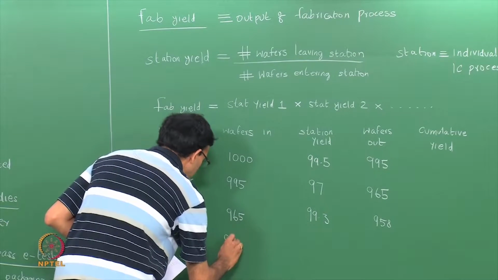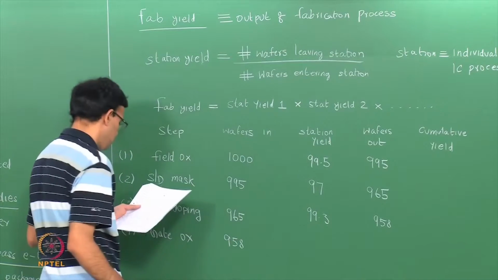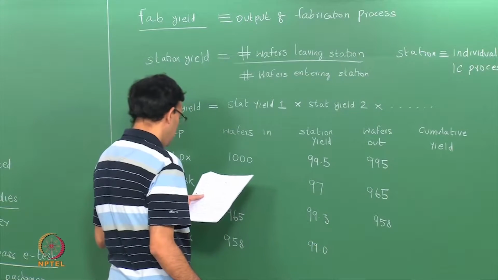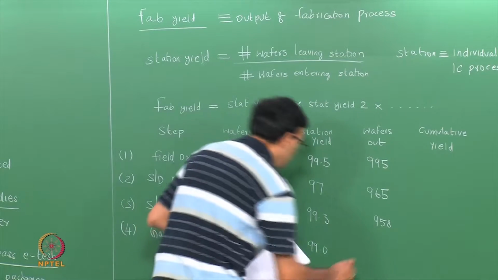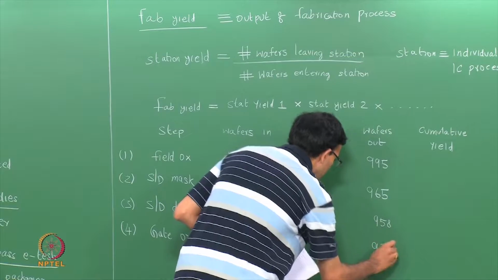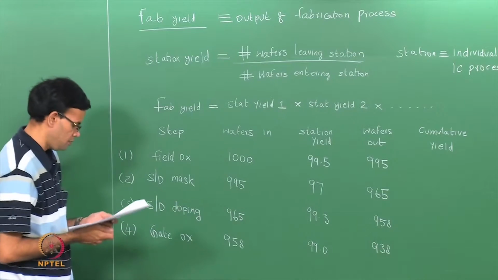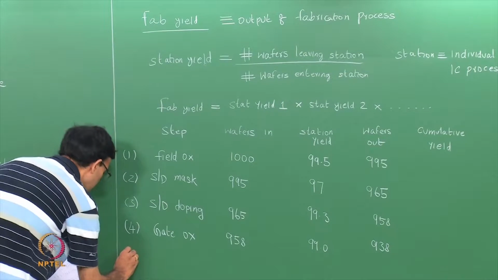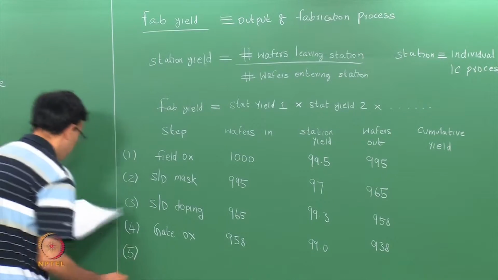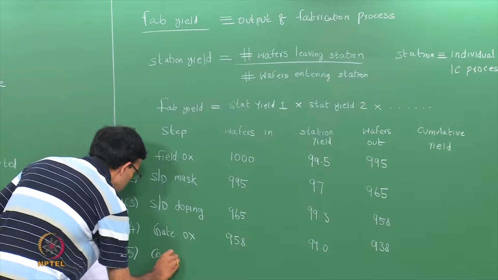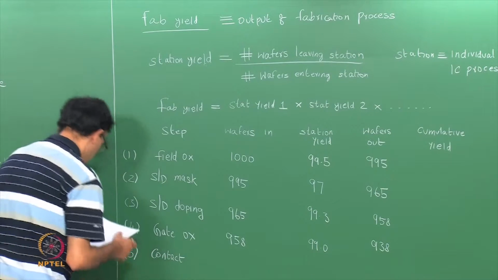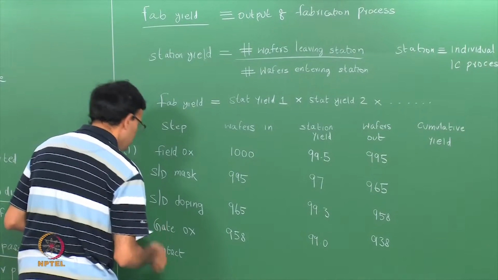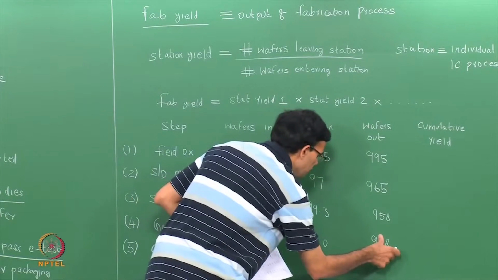So, 958, 99% is your station yield, and you have 938. Then I will write one more step and then stop there. Sorry, so this should be 948.